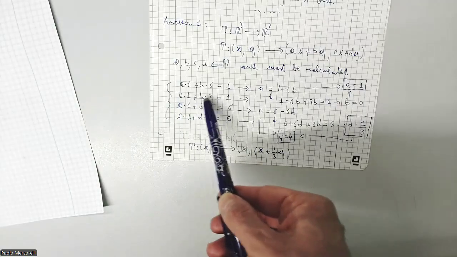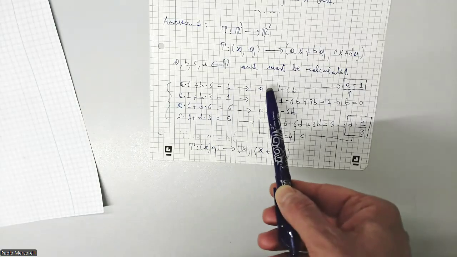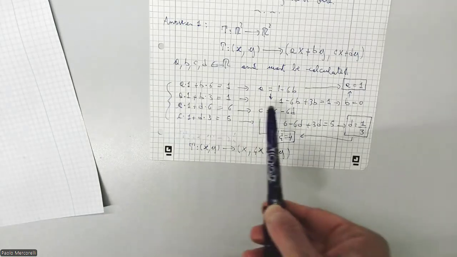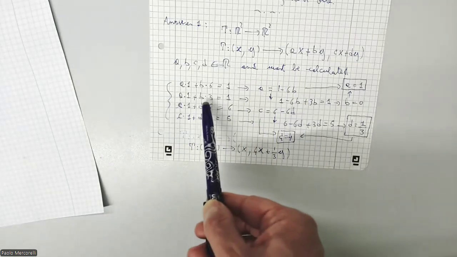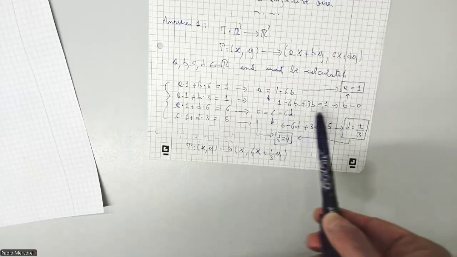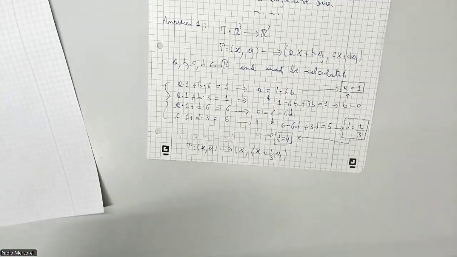From the second equation, if I plug in this expression here inside, I have 1 minus 6b plus 3b equal 1. From here, we have that b equals 0. This is the substitution method. It's boring, but it's okay.